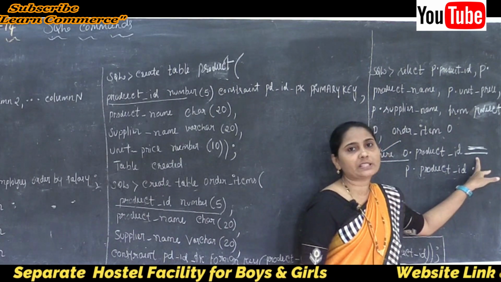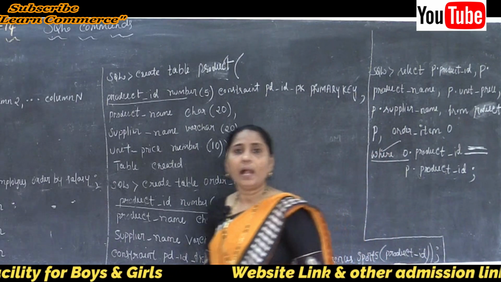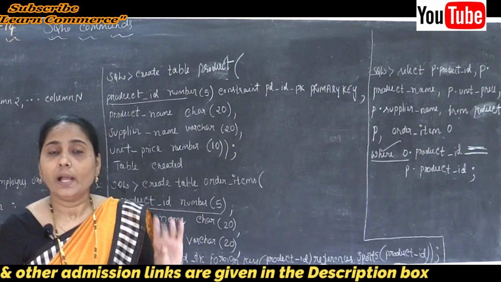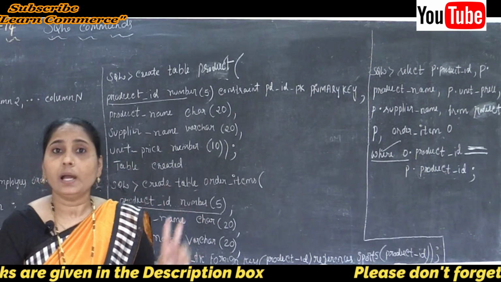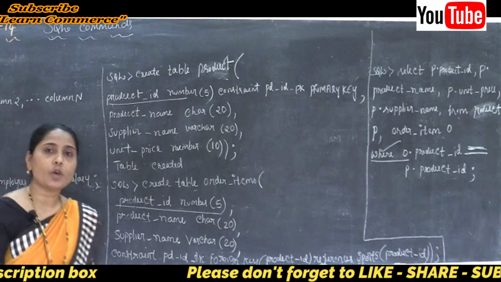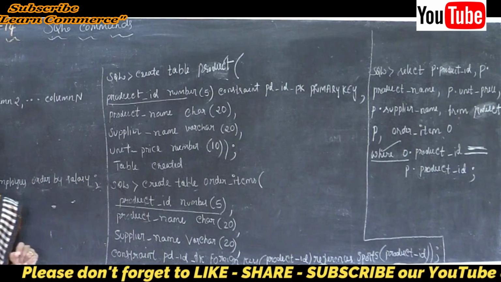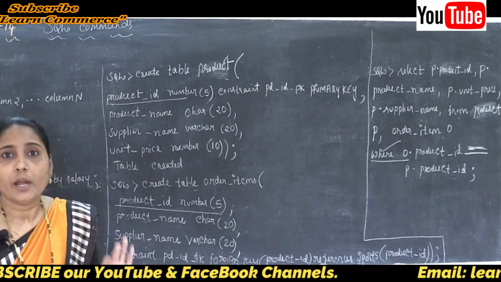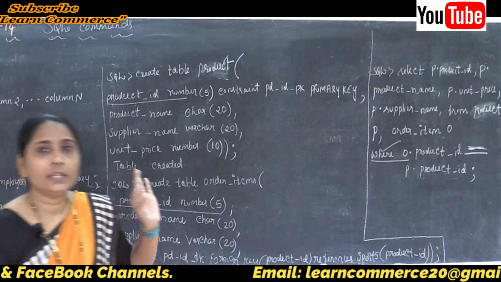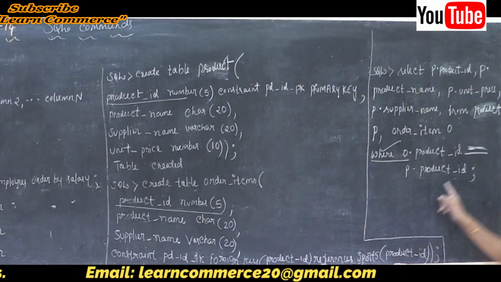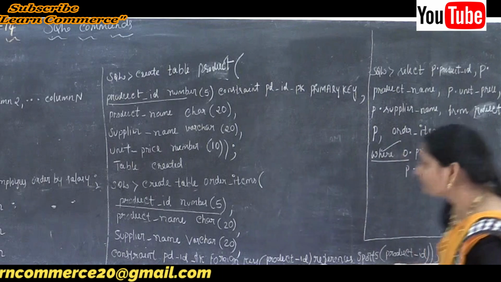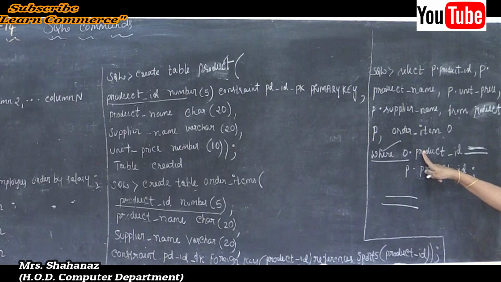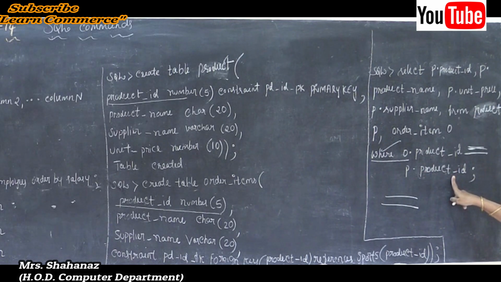The equal sign operator is used to join the tables. Some other operators are less than, greater than, less than or equal to, greater than or equal to, not, like, between. All those operators can be used to join the tables. But however, the most common operator to join two tables is the equal symbol. That means by using our equal symbol we can join one table column with another table column. Clear this point?